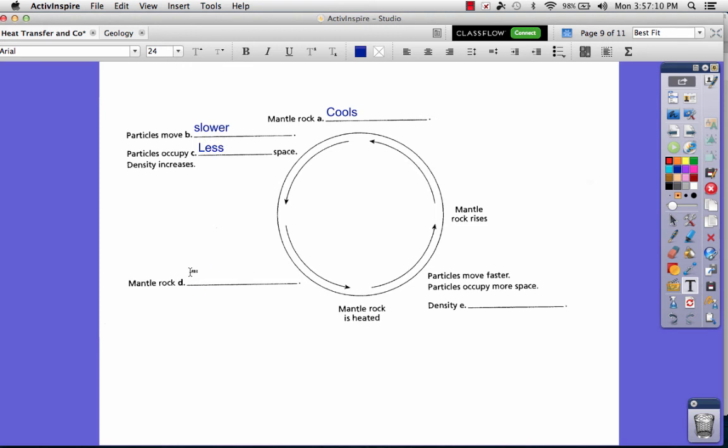Mantle rock, after it cools and occupies less space, falls, and then the mantle rock, being closer to the core, is now heated, so density decreases, and the mantle rock particles move faster, occupy more space, and the mantle rock rises.